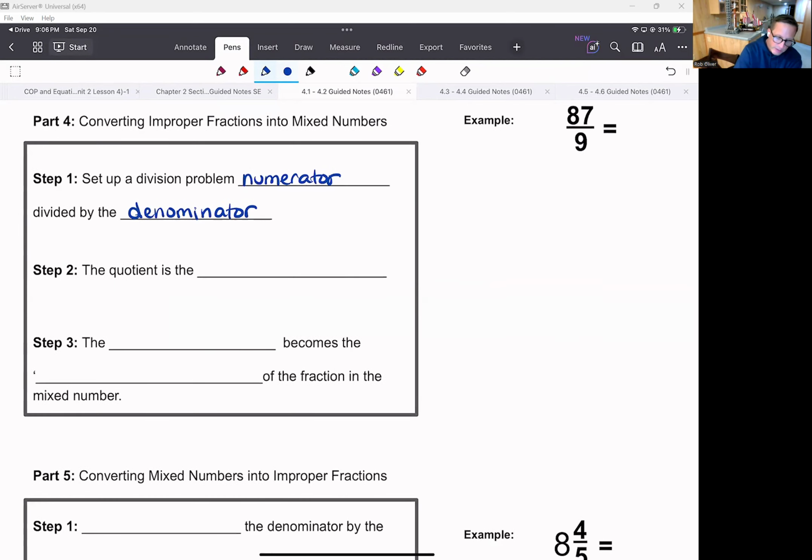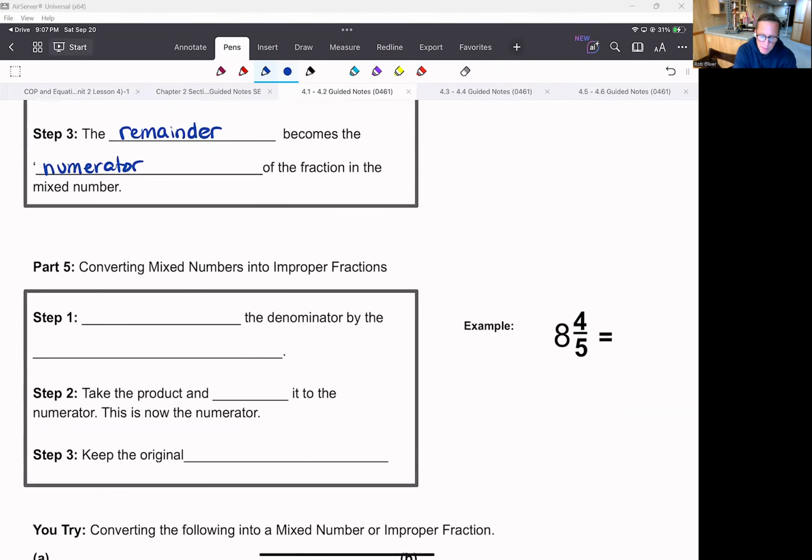The quotient is the whole number. The remainder becomes the numerator of the fraction in the mixed number.